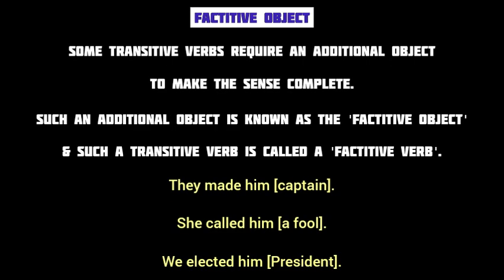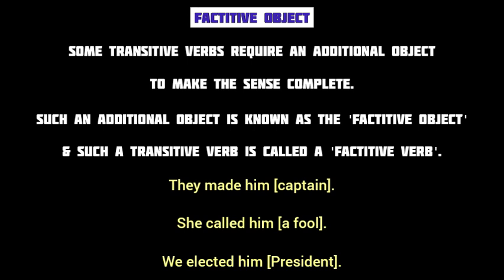And then we have the factitive object. There are some transitive verbs that require an additional object to make the sense complete. Such an additional object is known as the factitive object. And a transitive verb requiring a factitive object is called a factitive verb. In the first sentence, they made him captain.